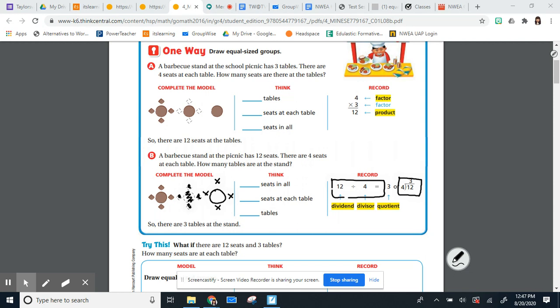Okay, so now I'm going to check and see, do I have all 12 split up? 1, 2, 3, 4, 5, 6, 7, 8, 9, 10, 11, and 12. Yes, I do. So then I look to see how many tables are there. I have to fill that in, sorry. There's 4. So there are 3 tables. So you see how that can also work for division.